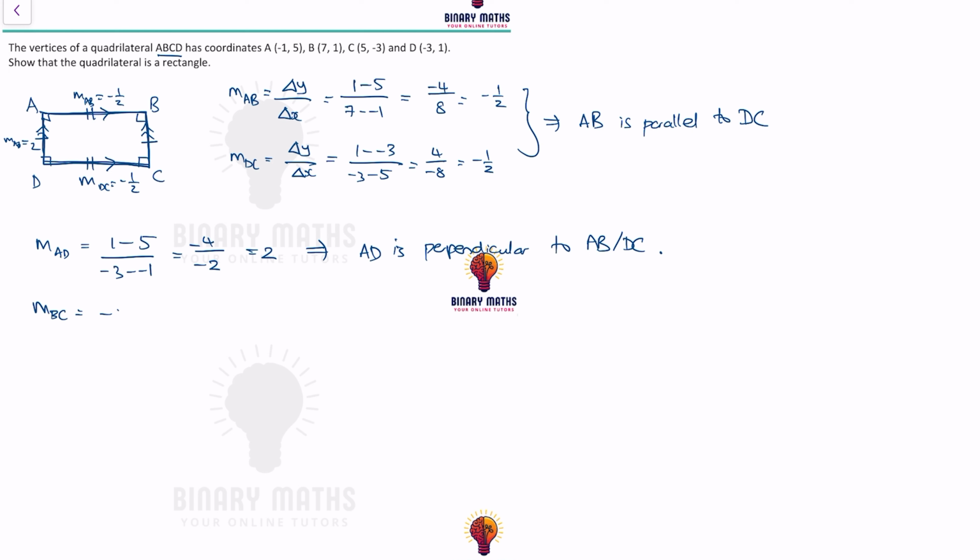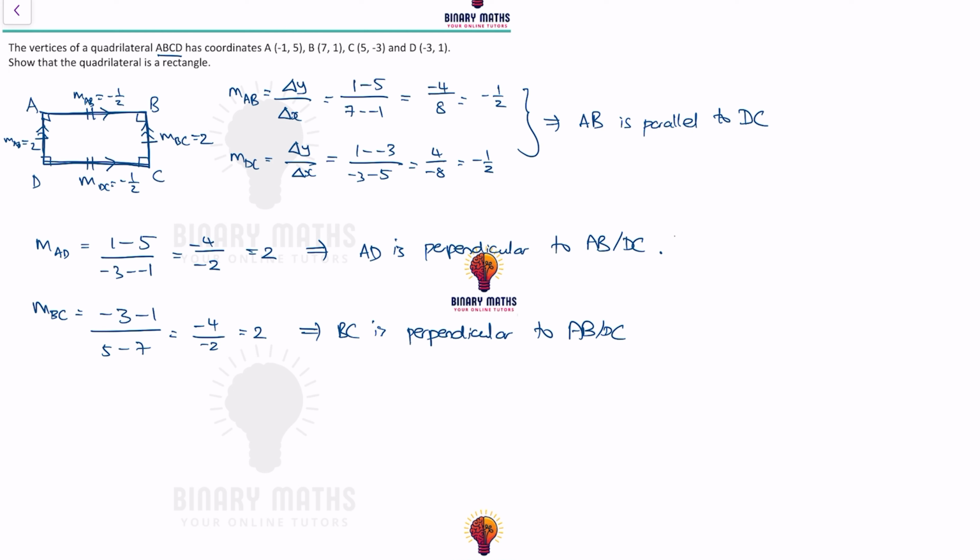Okay, same thing, I need to work out gradient of BC now. So -3 take away 1 over 5 take away 7. I get -4 over -2, which is equal to 2, which implies that the gradient of BC is equal to 2. So BC is perpendicular to AB and DC.